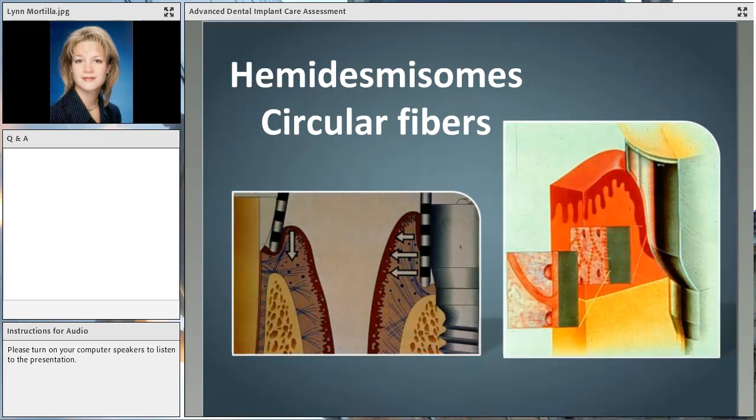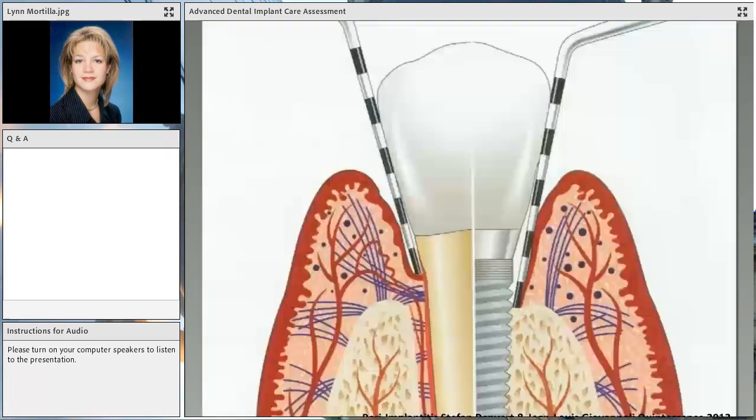When we look around an implant, that meshwork of periodontal fibers that we bounce on with the probe is gone, and we're left with these parallel circular fibers. So our probing technique needs to be a little gentler so as not to rip these fibers, which can happen. We need a better understanding of where our probe is resting and how close it is to that crestal bone, so that we don't disturb that tissue.